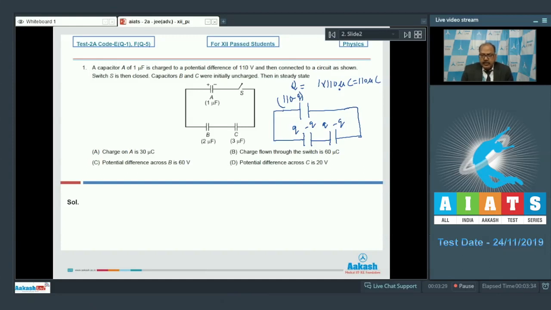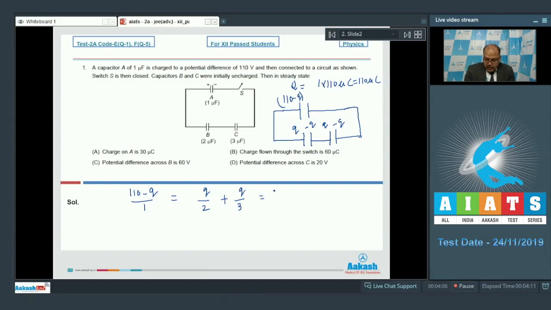We simply apply Kirchhoff's loop law. We have already taken care of the charge. And once we apply the Kirchhoff's loop law, we have (110 minus Q) divided by 1 is equal to Q divided by 2 plus Q divided by 3.